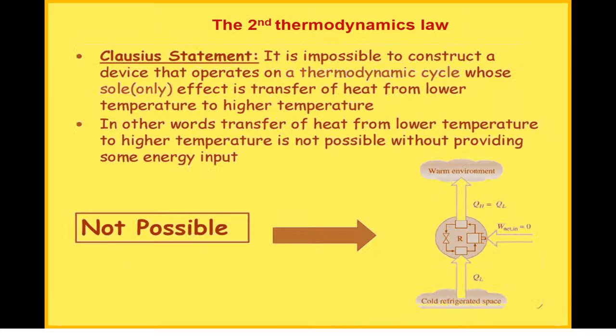The next, the Clausius statement: it is impossible to construct a device that operates on a thermodynamic cycle whose sole effect is transfer of heat from lower temperature to higher temperature. In other words, transfer of heat from lower temperature to higher temperature is not possible without providing some energy input. And this illustration supports this statement.